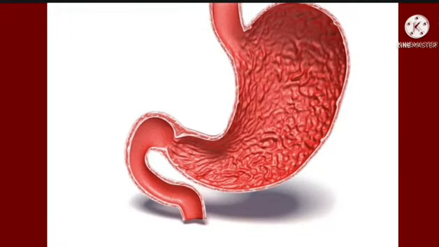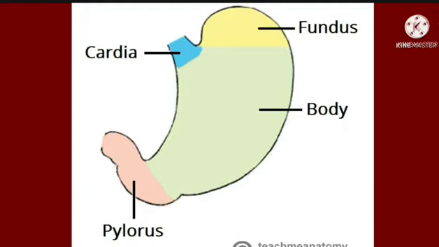The stomach functions as the temporary storage organ for food, and it is located in the upper left portion of the abdominal cavity. It consists of three parts: a cardiac portion into which the esophagus opens, a fundic portion, and a pyloric portion that opens into the duodenum.